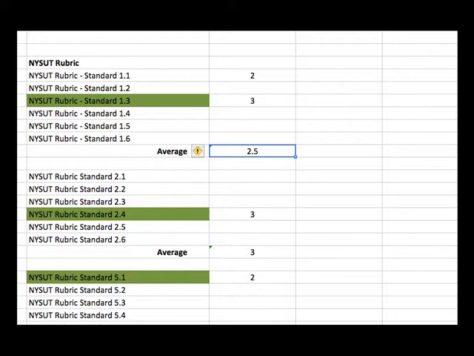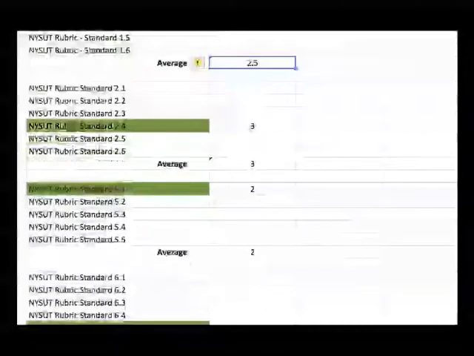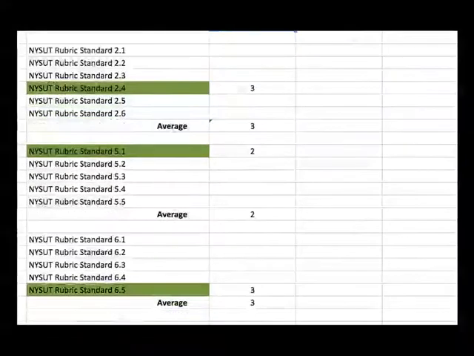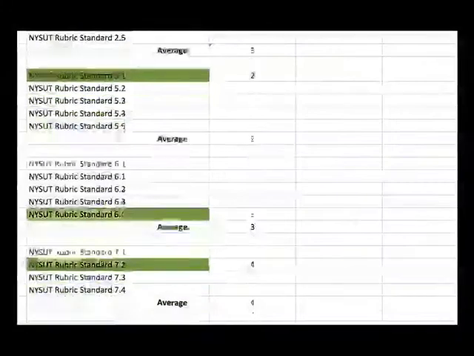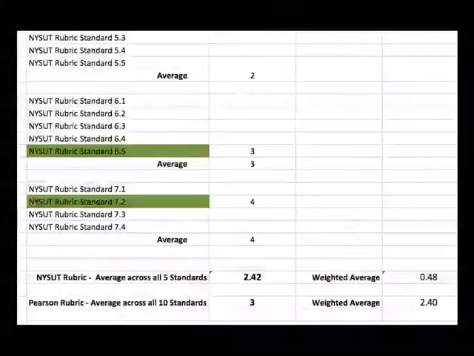Now adding the 2 from a second piece of evidence results in an average for that standard of 2.5. Continuing on down with the model, for Standard 2, let's assume that they submitted evidence for 2.4 and received a 3, for element 5.1 and received a 2, for element 6.5 and received a 3, and for element 7.2 and received a 4.